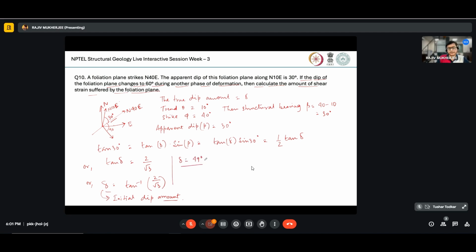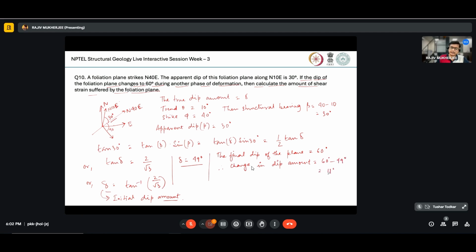It is also given that the final dip of the plane is 60 degrees. Therefore the change in dip amount is 60° minus 49°, which is 11 degrees, right?